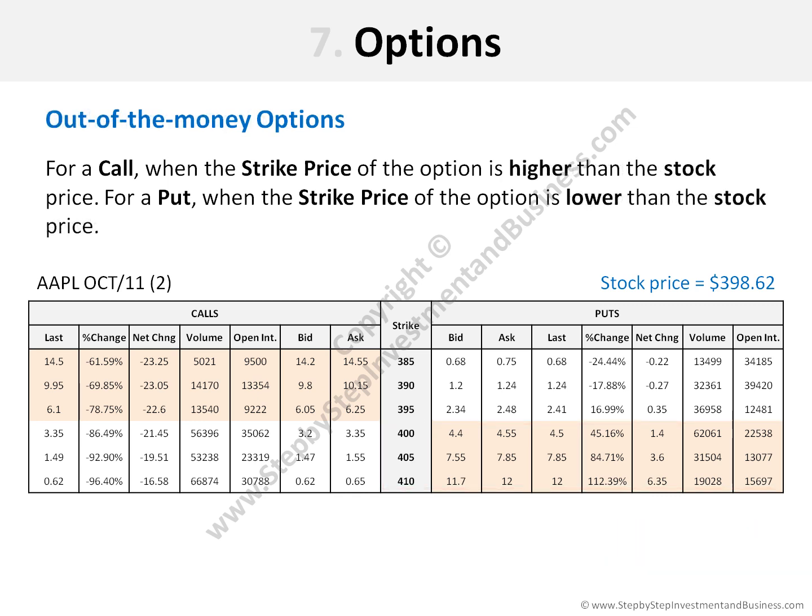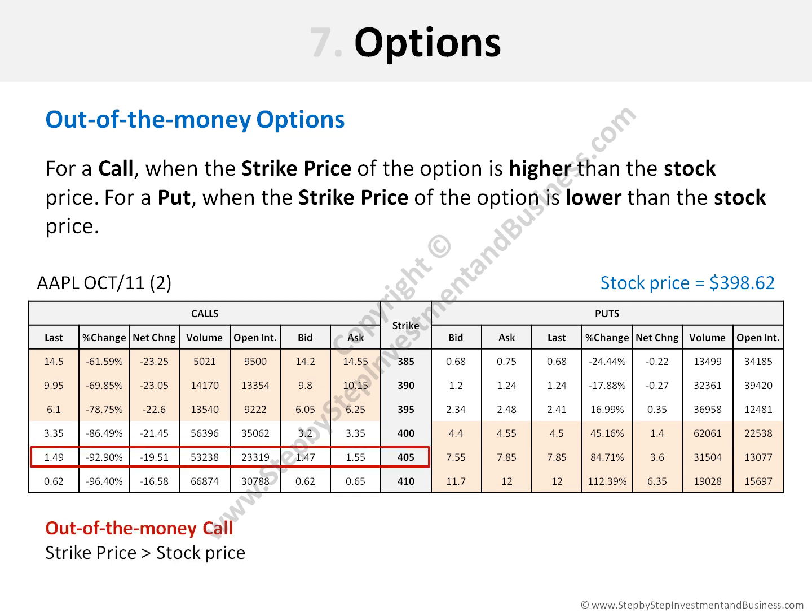Now let's see some examples of out-of-the-money options in the option chain. Remember that for a call, it is when the strike price of the option is higher than the stock price. And in the case of a put, it is when the strike price of the option is lower than the stock price.